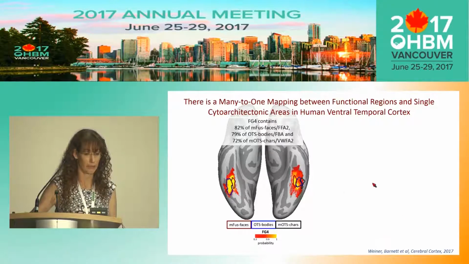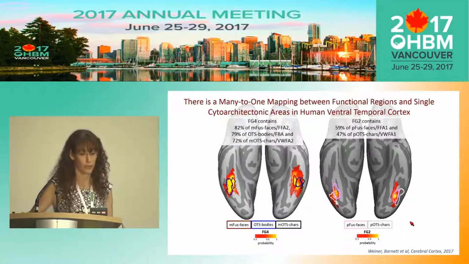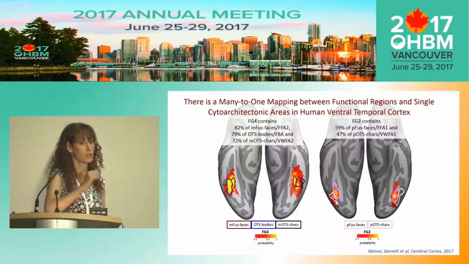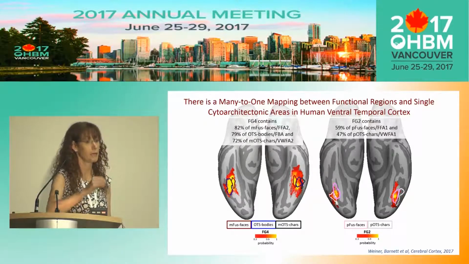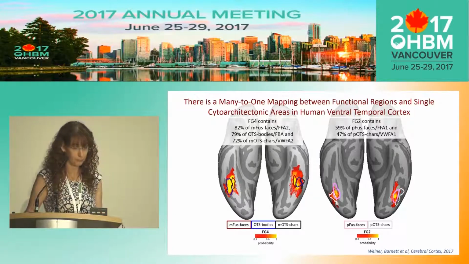For example, within FG4, you can find face, body, and word selective regions. And if you look within cytoarchitectonic area FG2, you can also find face and word selective regions. So this suggests that there's a one-to-many mapping between cytoarchitecture and function.